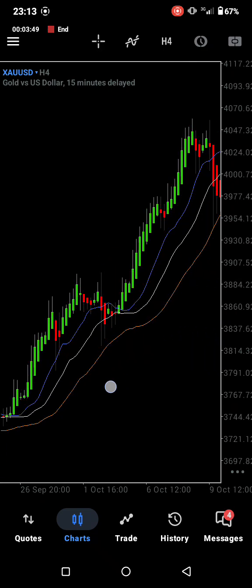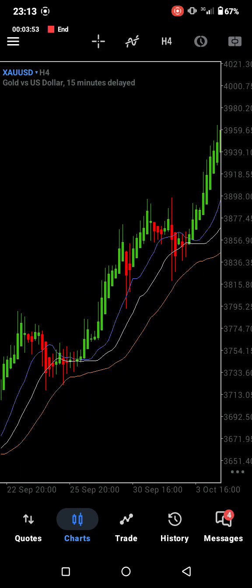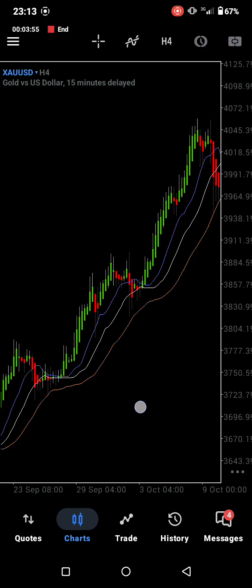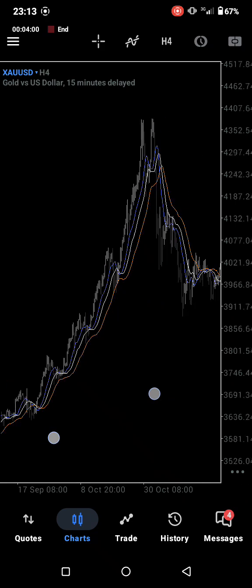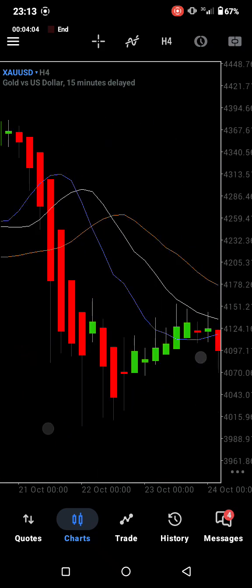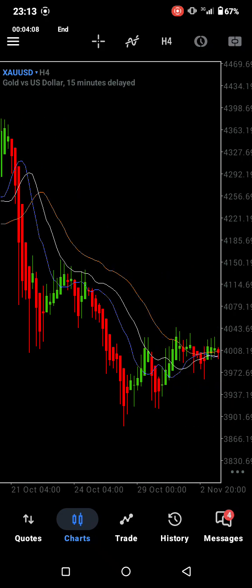Alligators really did act as a good filter for us, right? And we notice that it just shows the trend much clearer and filters out some bad signals we could have got from our Heikin-Ashi charts, right?